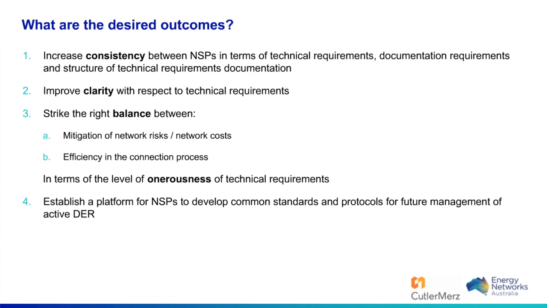Sure. A lot of what's being worked through involves volt-var and both response modes being enabled. The thinking there is, with the guidance provided in 4777, not both modes are necessarily enabled. What we're looking for, and this aligns with the objective of balancing network risk against maximum uptake of DER, is to have both those modes available so that they could be set, as opposed to just one of them.